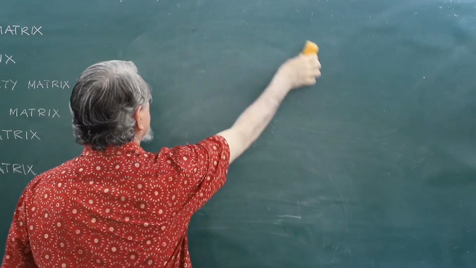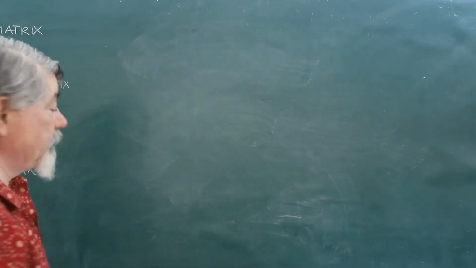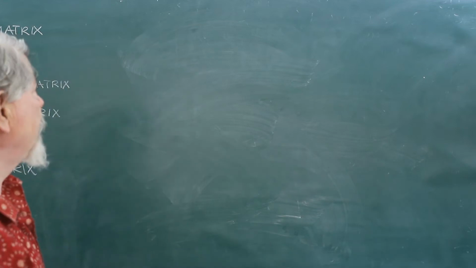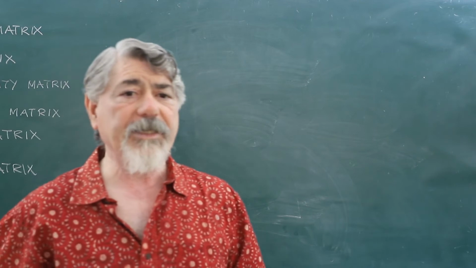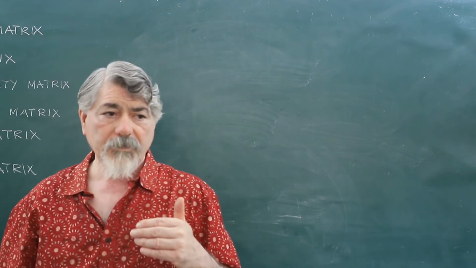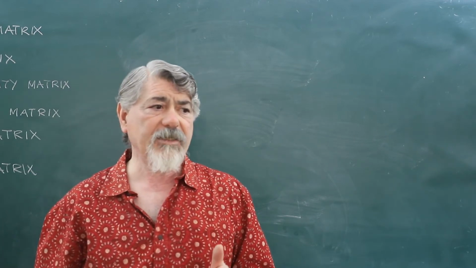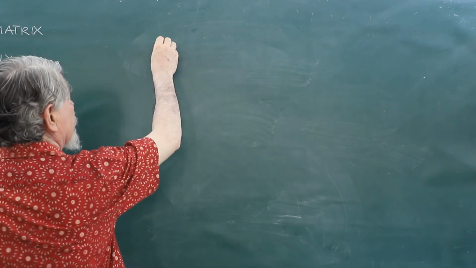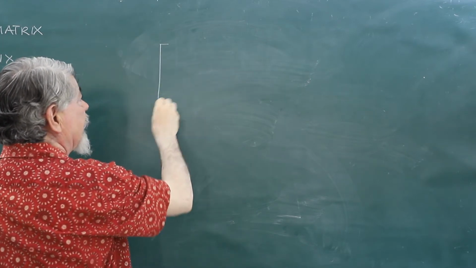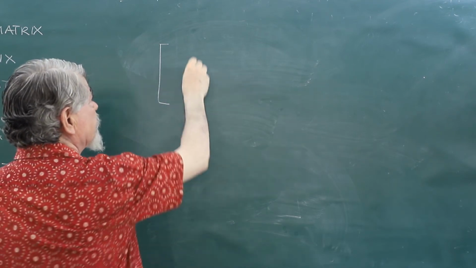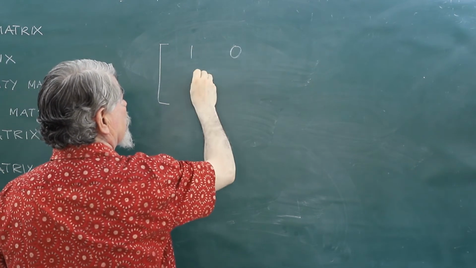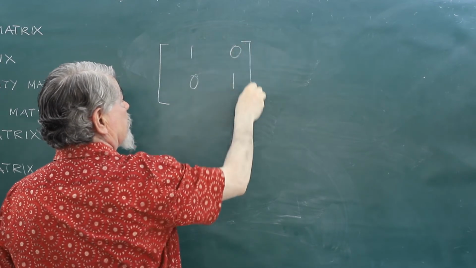Now let us see the identity or unit matrix. Again, a unit or identity matrix will be a square matrix, and all the lead diagonal elements will be unit, the remaining will be zero. Like 1, 0, 0, 1.